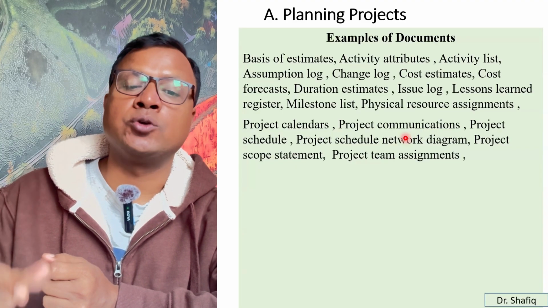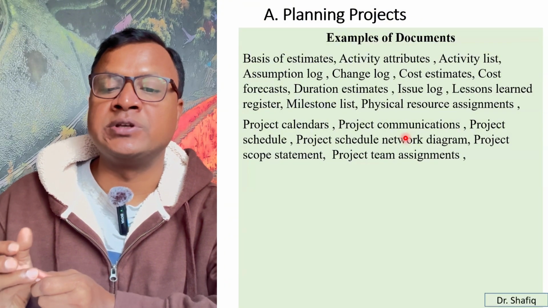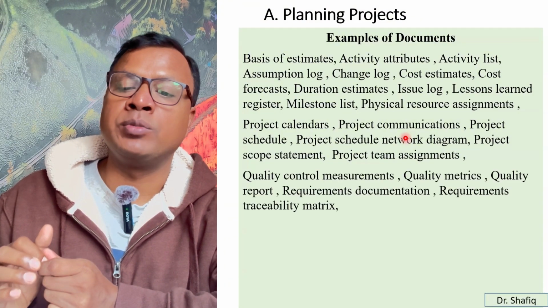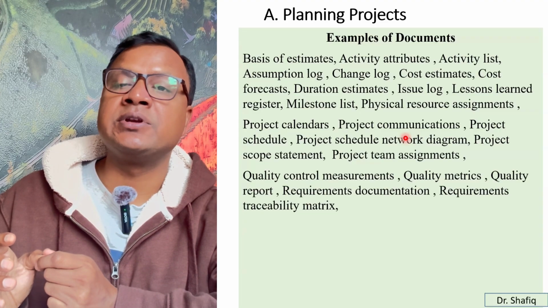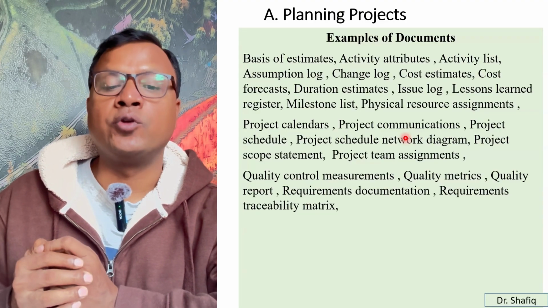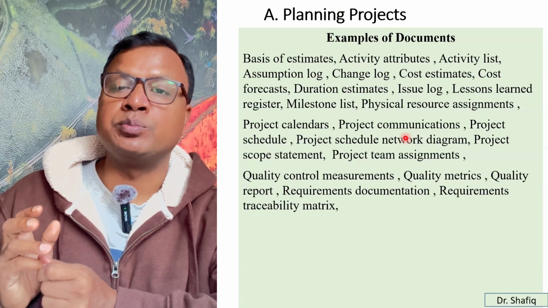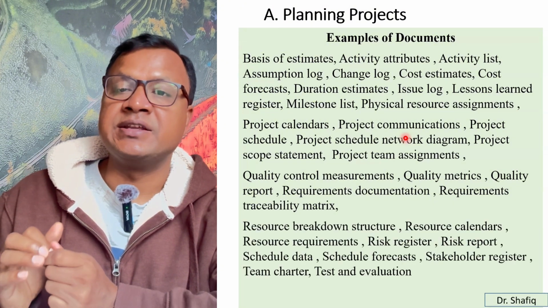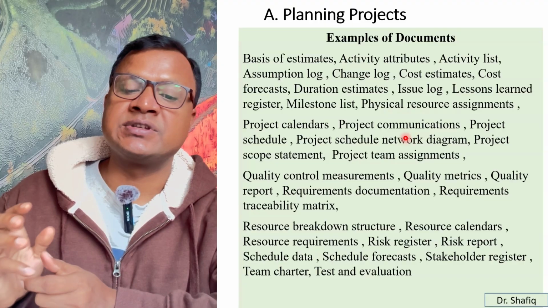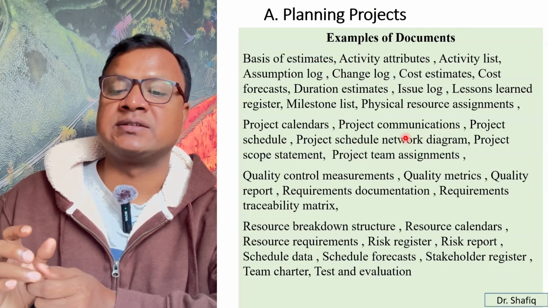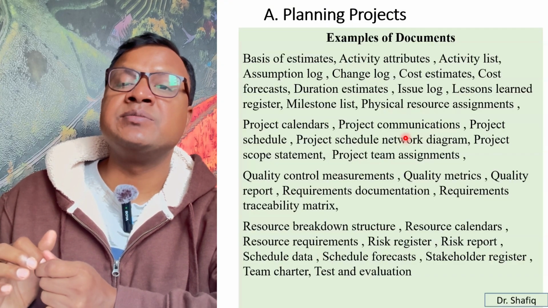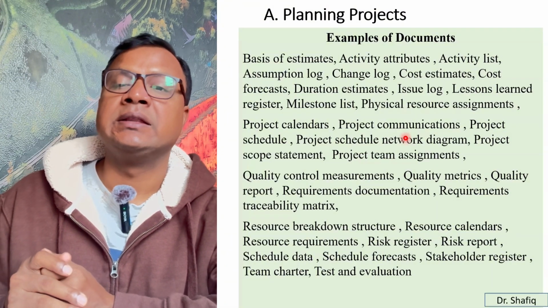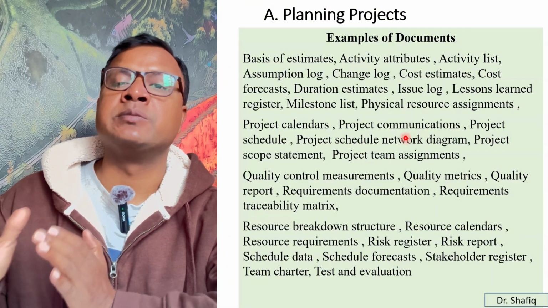Examples of documents also include quality control measurements, quality metrics, quality report, requirements documentation, requirements traceability matrix, resource breakdown structure, resource calendars, resource requirements, risk register, risk report, schedule data, schedule forecast, stakeholder register, team charter, test and evaluation. So all these are documents. These are part of the project management plan.